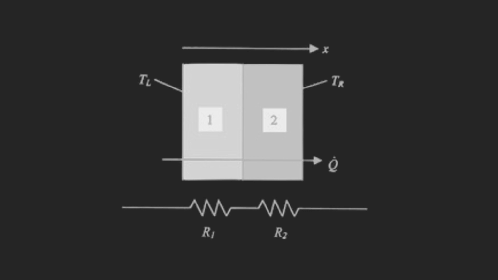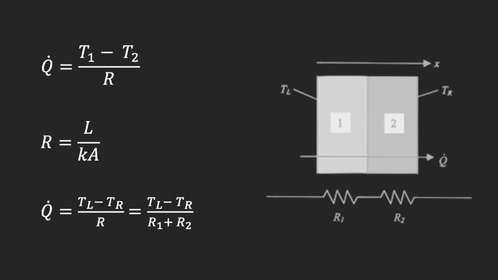So thankfully, Ohm's law can actually be modeled for thermal networks. So instead of voltage is equal to current times resistance, we have this analogous form of Ohm's law, which is that our temperature at point 1 minus our temperature at point 2 is equal to our heat flow rate times our thermal resistance. Here you can see the heat transfer equations for conduction.